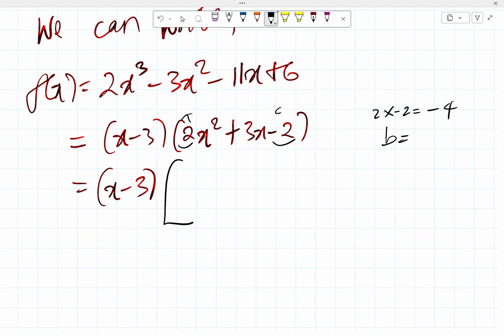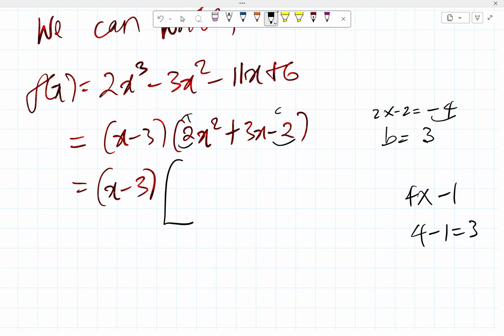And then B, which is in the center, is 3. So we need two numbers that multiply to get minus 4, and add to get 3. They should be factors of minus 4, and because we need 3 here, it should be 4 times minus 1. 4 times minus 1 is minus 4, and 4 minus 1 is 3, which we need.